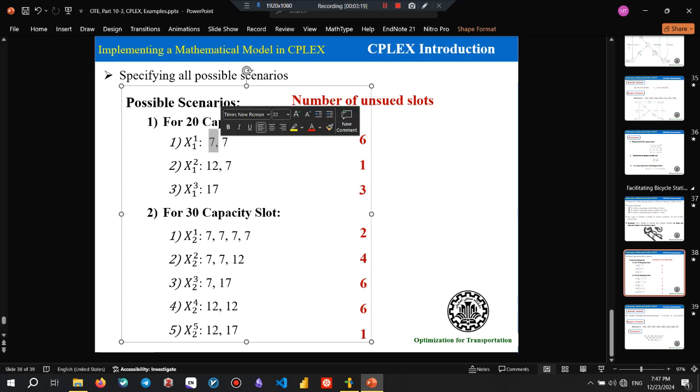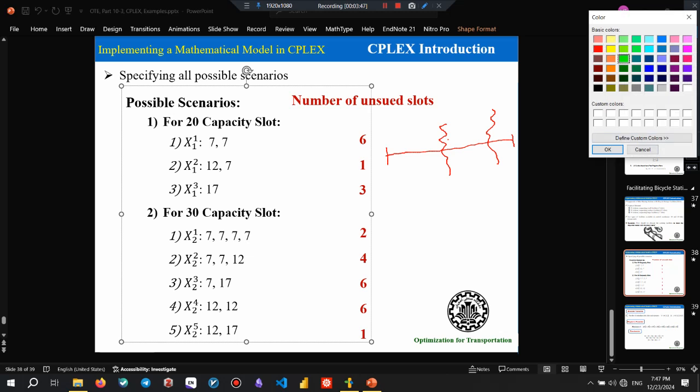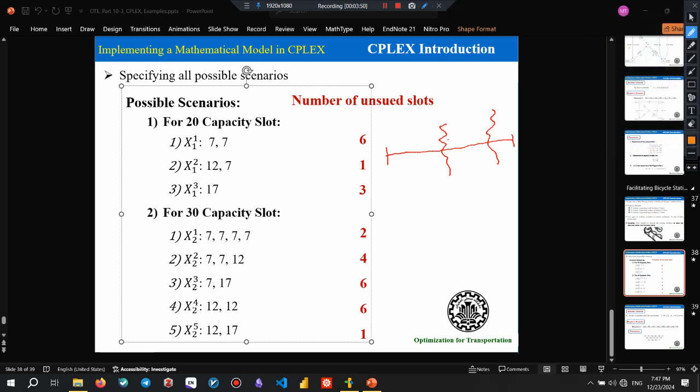The first scenario for the 20 capacity is to simply cut out two 7 by 7 slots. If you had something like this, you will cut this, you will cut this, and then you will have this one, which is a 7 capacity slot.